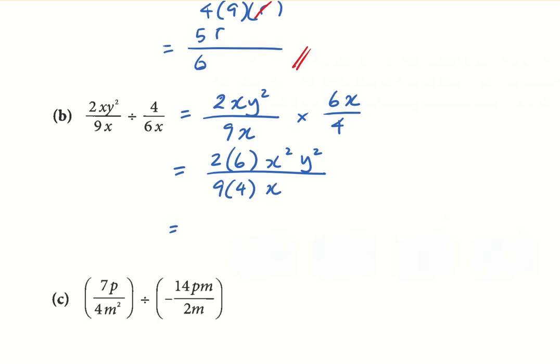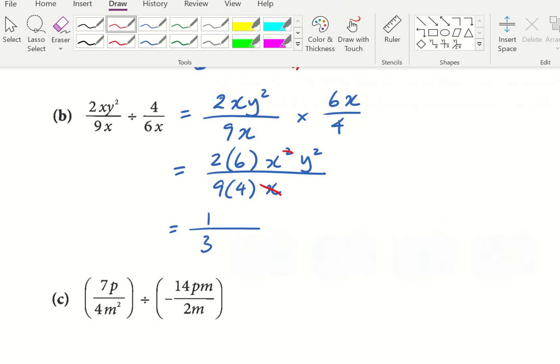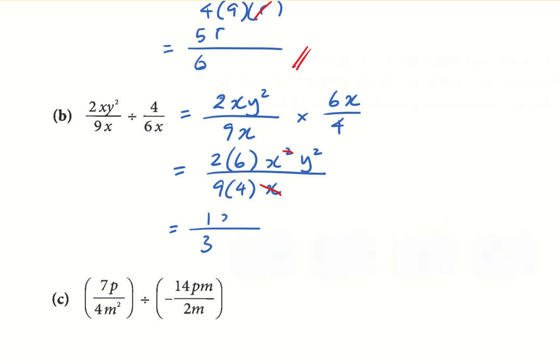You have 12 divided by 36, which your calculator will say 1 over 3. So if you want to do the cancellation for the letters, you've got only one x that is common. So now we're going to end up with xy squared. So 1xy squared over 3, we want to write it as xy squared over 3. There's no need to write the number 1.